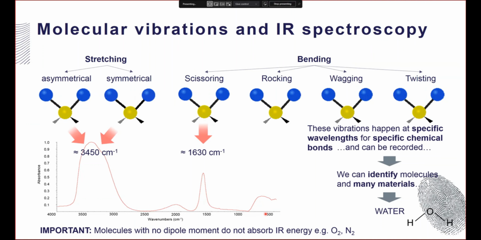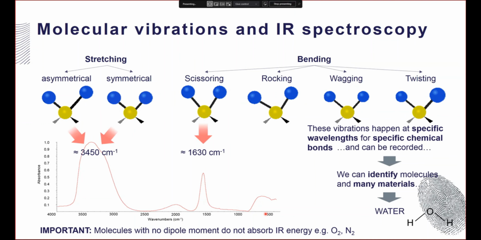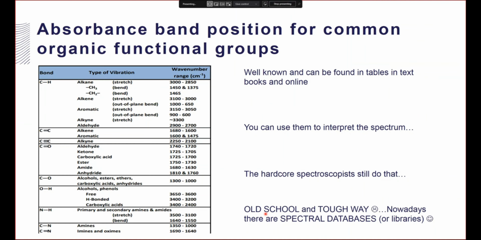It's important to remember that molecules with no dipole moment change don't absorb IR energy, like for example oxygen or nitrogen. The absorption positions of these specific chemical bonds are listed in well-known tables.